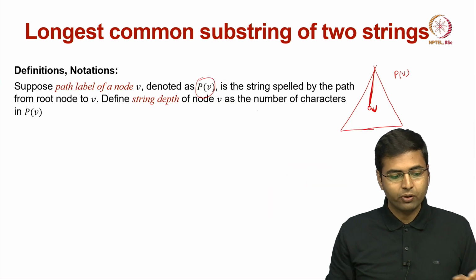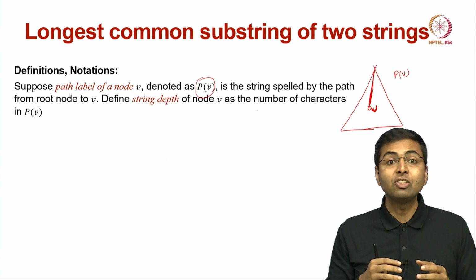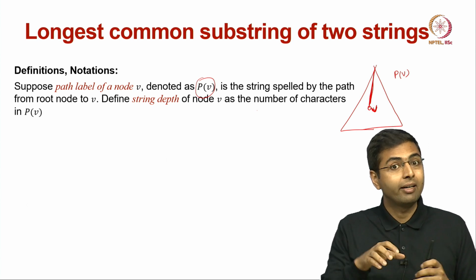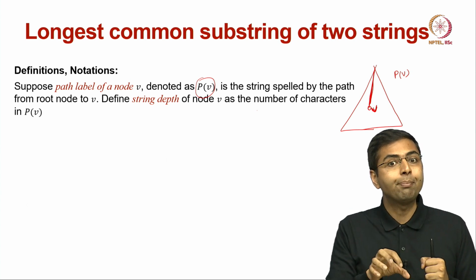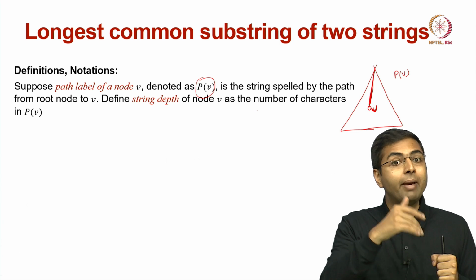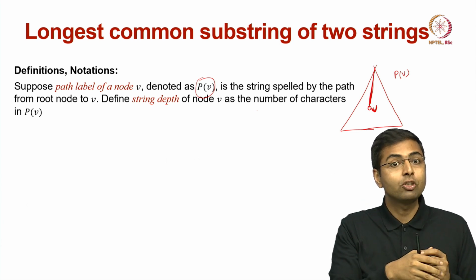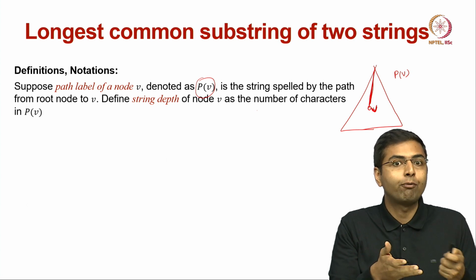Okay. So, given this path label of a node, we can also define the string depth of a node. This is different from the depth of a node defined in the usual way, because by string depth we are counting the number of characters along that path. Some edges will have more than one character, so string depth can be higher than the actual depth of the node.